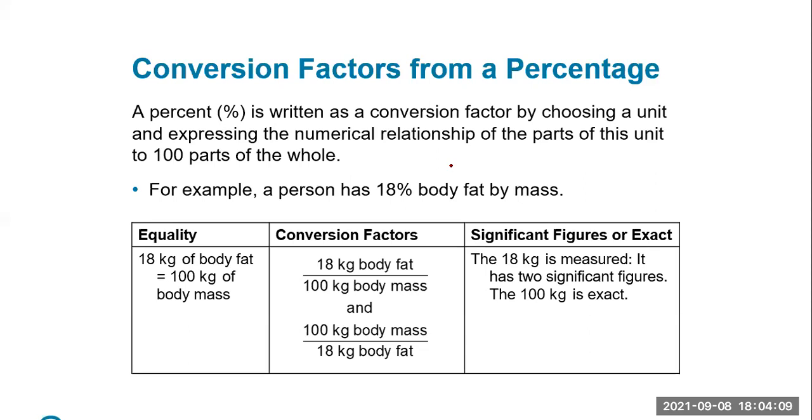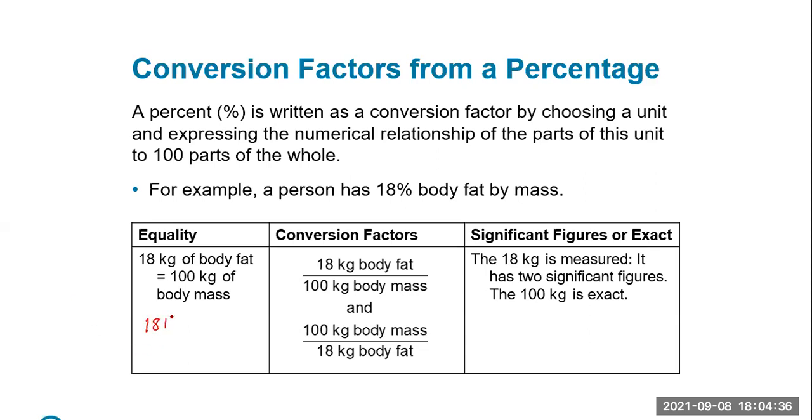So here it says we have 18% body fat by mass. What that means is I would have 18 kilograms in 100 kilograms of body mass. Could also do it in pounds if you wanted to, 18 pounds of body fat and 100 pounds of body mass. So, you could do any type of conversion like that.